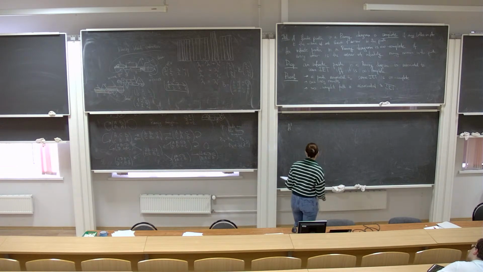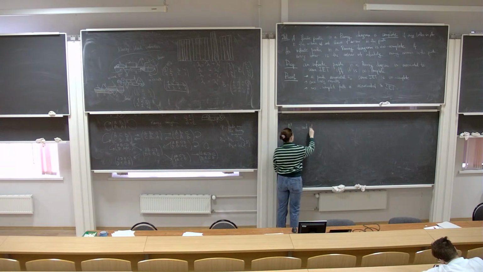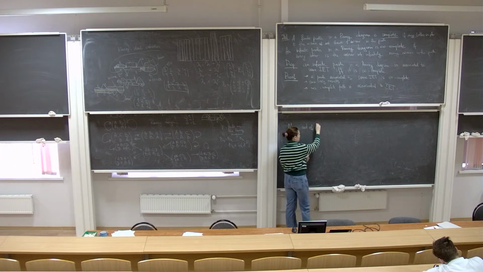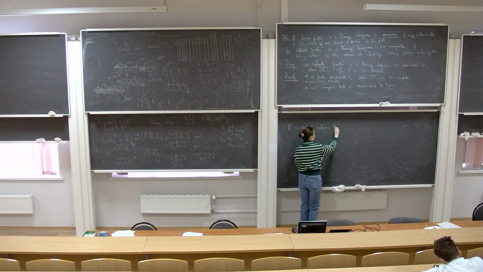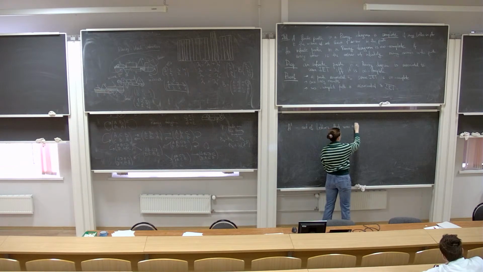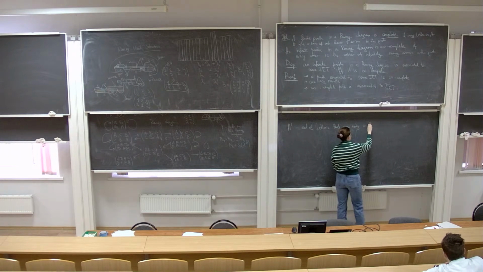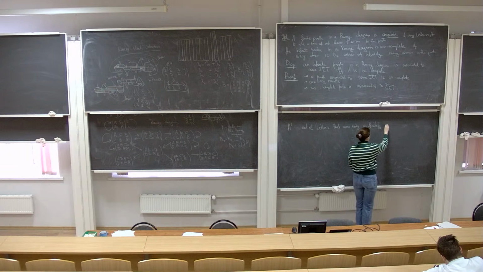Assume that it's not. Then there should be a set of letters that win rarely, only finitely often, or did not win at all.